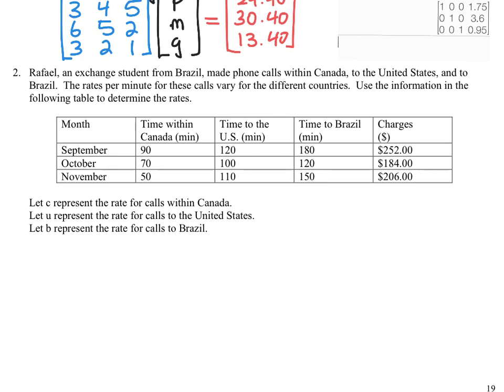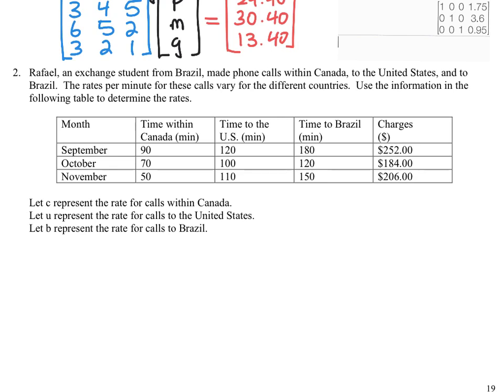All right. So they're telling us to let C represent the rate for calls within Canada, U represent calls to the United States, and B represent the rates for calls to Brazil. So we have to set this up, but really the table kind of gets you going in the right direction, right?